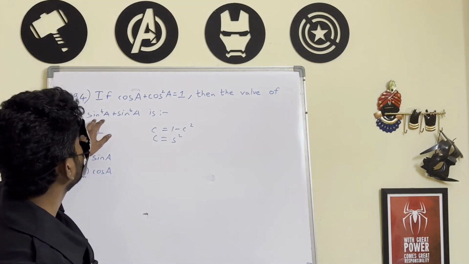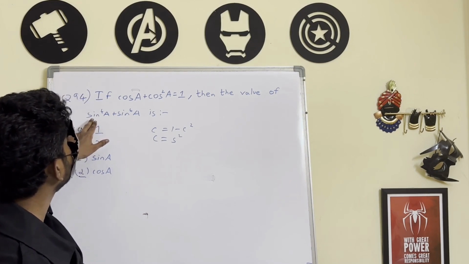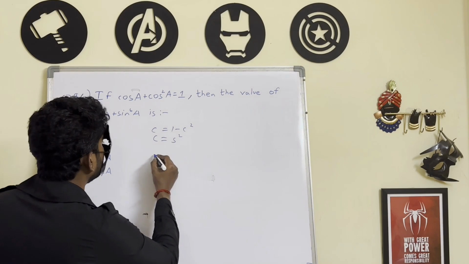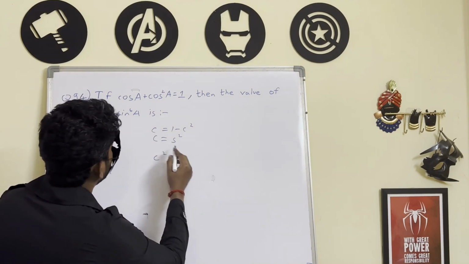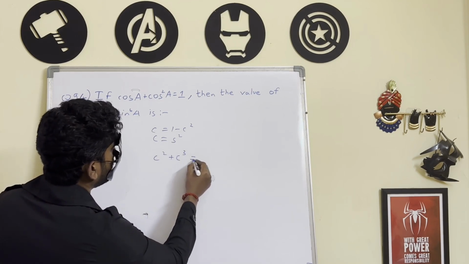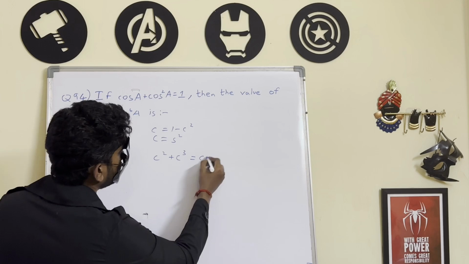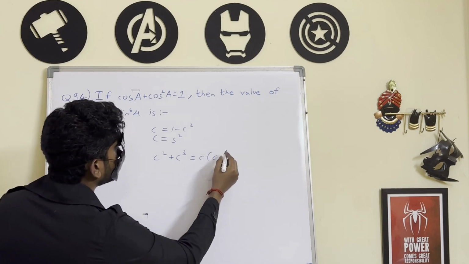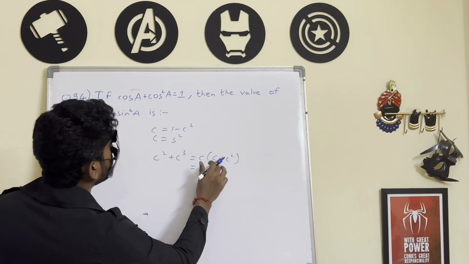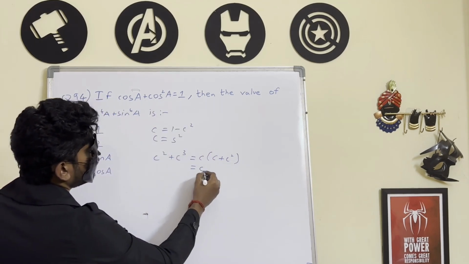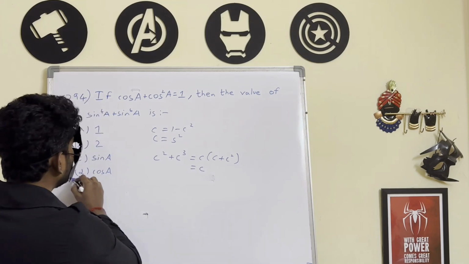Now here if I represent this in the form of cos, it is nothing but cos square a plus cos cube a. Now here I will take cos common, so this will be cos a times cos a plus cos square a, and cos a plus cos square a is nothing but equal to 1, so this will be equal to cos a. So option D is right.